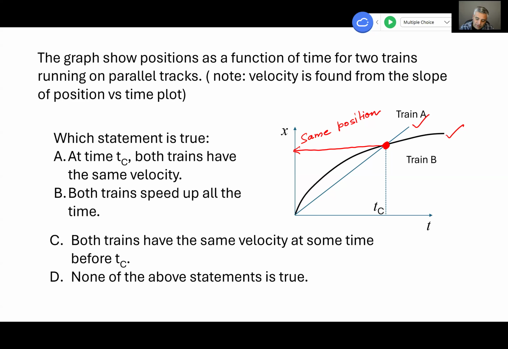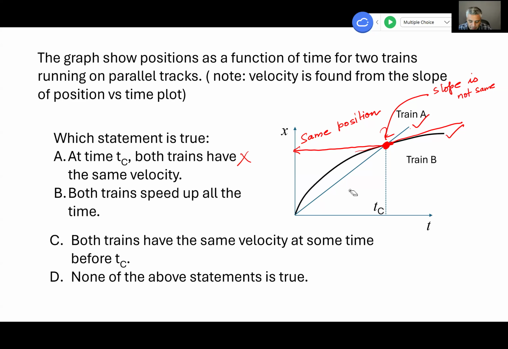Okay, so that's why this is not correct. So to draw slope for, let's say, this curved line, you would draw something like that. That's going to be the slope there. A has just a straight line, means it has one slope no matter where you draw a tangent line.